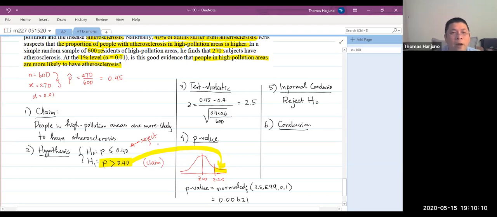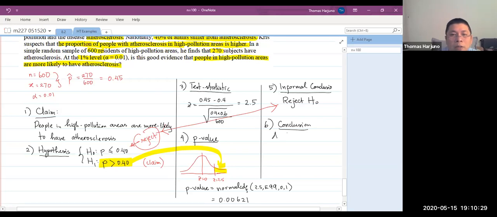From step 5, we reject null hypothesis. So I support the claim, right? I reject null hypothesis, but null hypothesis and claim are not always on the same side.